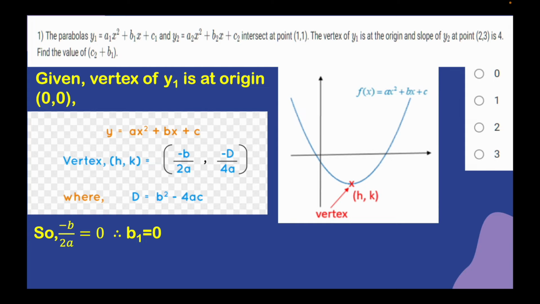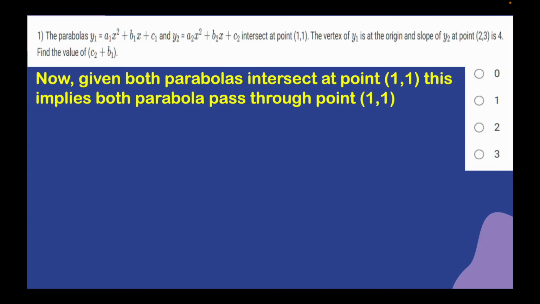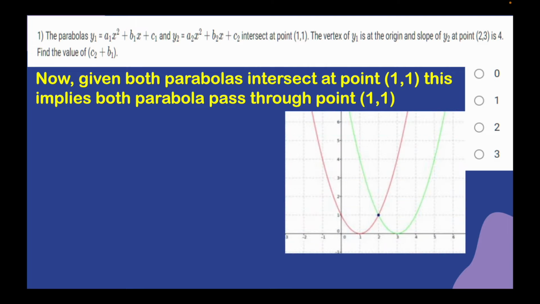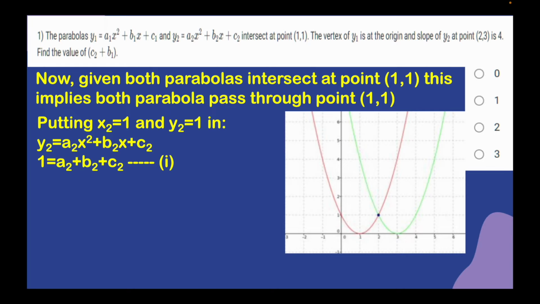Now we will go to the second part of this question. We are given that both the parabolas intersect at point (1, 1), which implies that both the parabolas pass through (1, 1). Putting x equals 1 and y equals 1 in the second parabolic equation, we get a2 plus b2 plus c2 equals 1, and we will name it equation number 1.